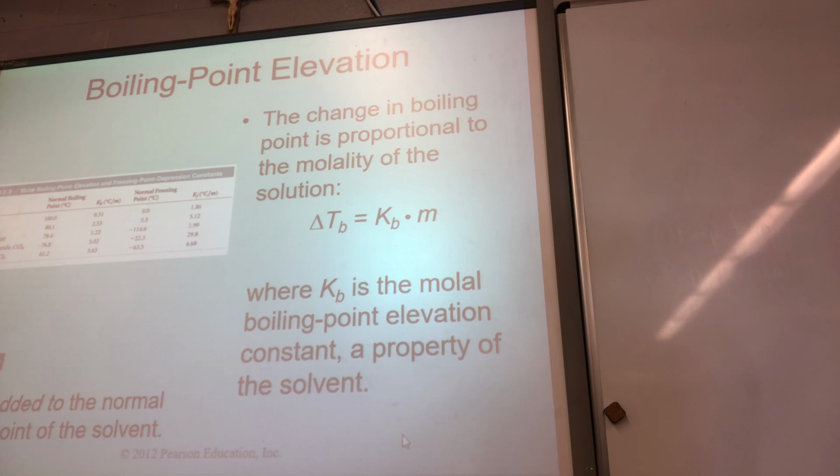So we'll look at both equations, but they're the same. So Kb is the boiling point elevation constant related to the solvent. So in other words, if we're talking about water, water is a solvent, we would use the Kb for water. We'll also see Kf, which is just going to be the freezing point constant for whatever solvent. Yes?